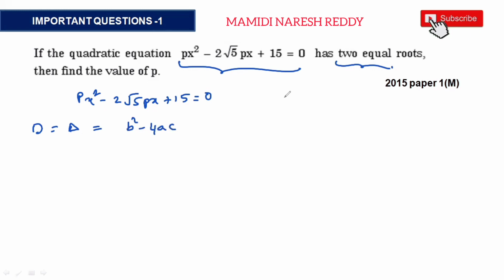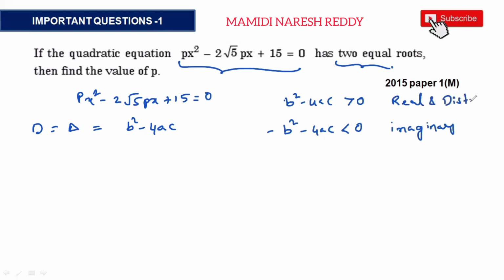As you know, if b square minus 4ac is greater than 0, then the roots are real and distinct. If b square minus 4ac is less than 0, then the roots are imaginary. And if b square minus 4ac is equal to 0, then the roots are equal.